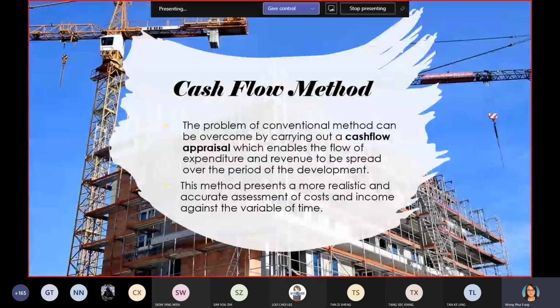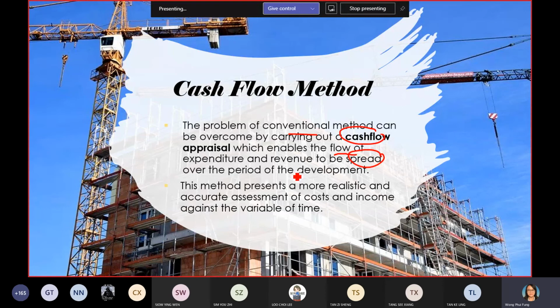Okay, then the best method will be the cash flow method. The problem of the conventional method can be overcome by using the cash flow method, because it allows you to see the flow of the expenditure and the revenue spread over the period of the property development.